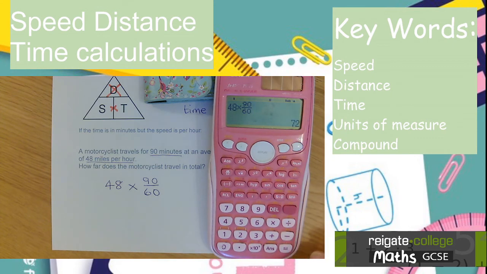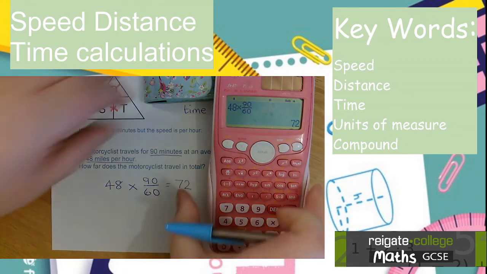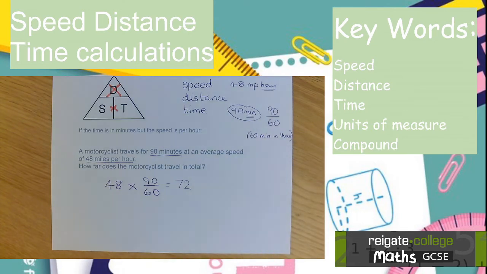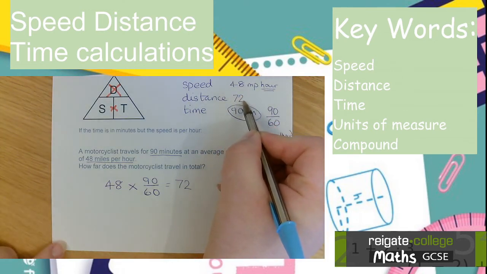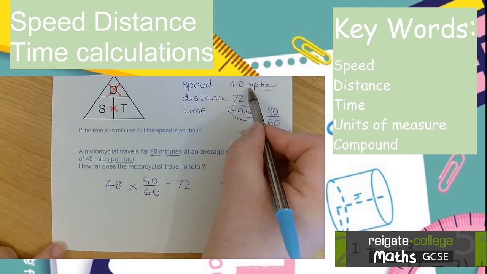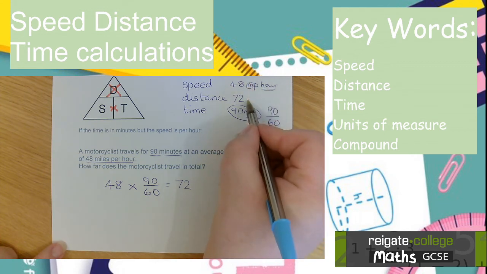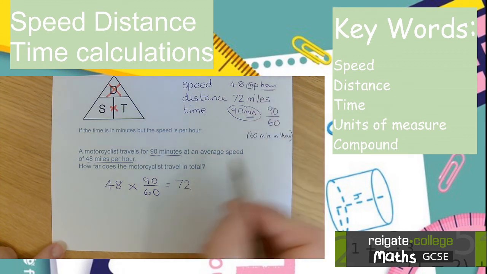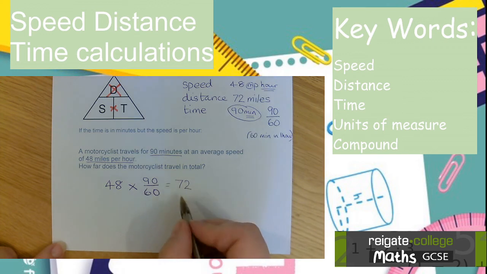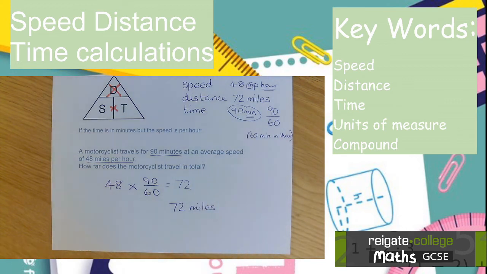Press the equals and the answer comes out at 72. Therefore, what we've calculated is the distance here, 72. We look to the speed, and that is miles. Our answer is the motorcyclist travels a total of 72 miles on this journey.